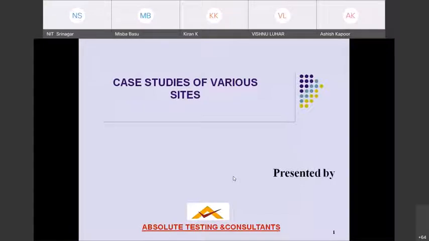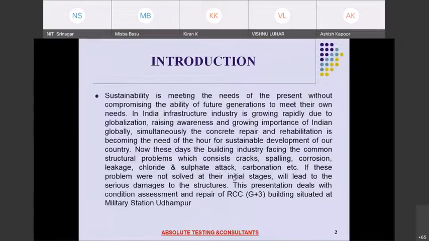Now, starting with some case studies, there are various types of case studies which I have included in my presentation. One of them, starting with why the need of NDT, and you have gone through why NDT is required nowadays.